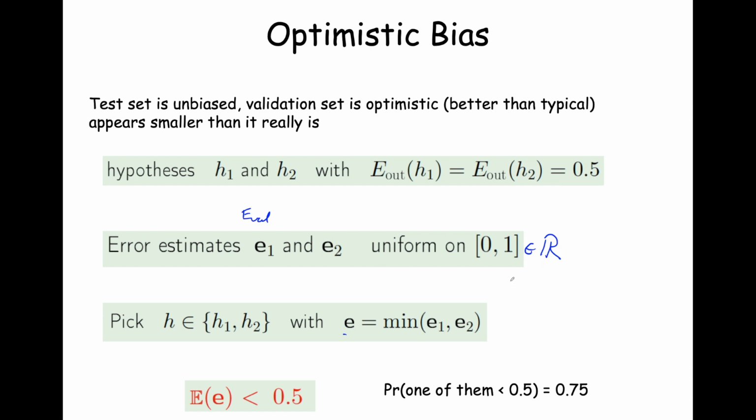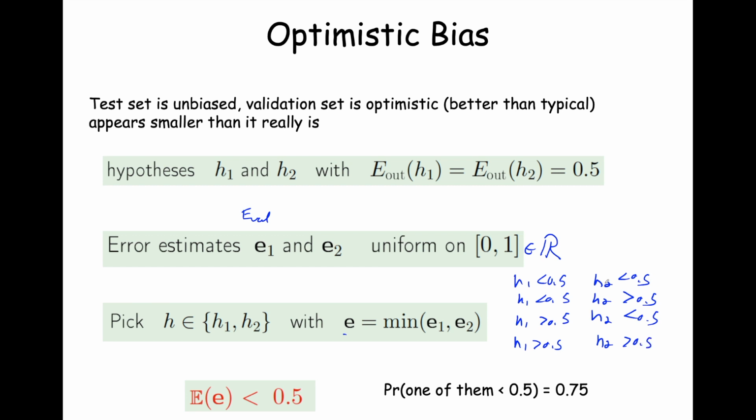So what does that mean? Let's say we have H1 less than 0.5 error and H2 at the same time less than 0.5 error. Or H1 is less than 0.5 and H2 is greater than 0.5. Or H1 is greater than 0.5 while H2 is less than 0.5. And the last scenario is H1 is greater than 0.5 error and, at the same time, H2 is greater than 0.5 error.